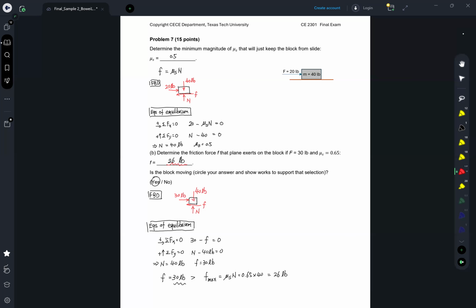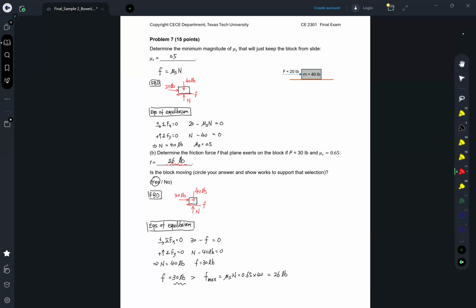So the friction exerted by the plane will be the maximum friction that the surface can provide, right? In other words, my surface cannot provide more. This is pretty important, and because the maximum friction is smaller than the friction that we need, the block will move.